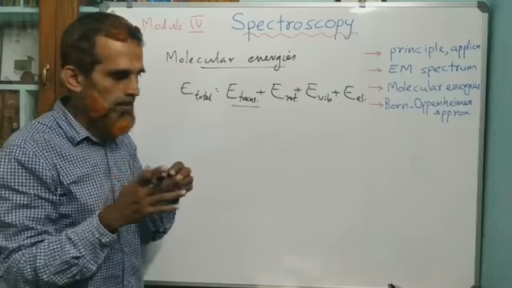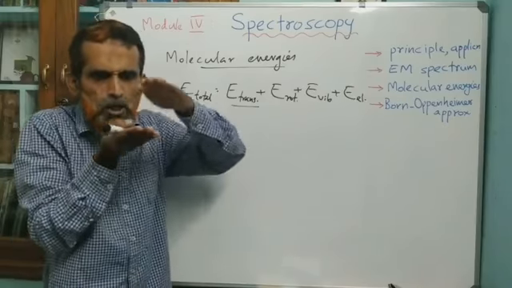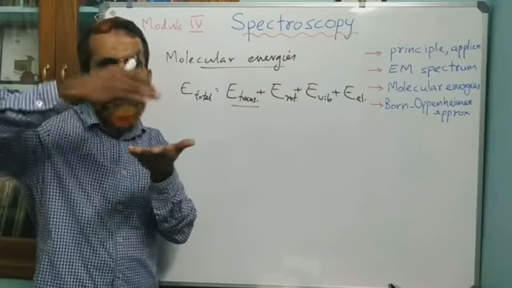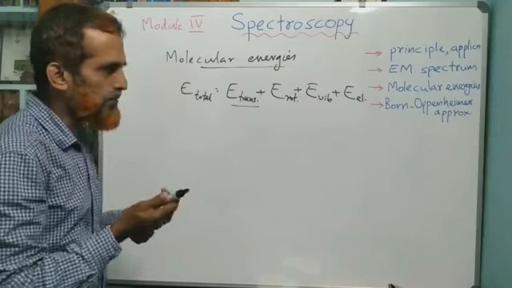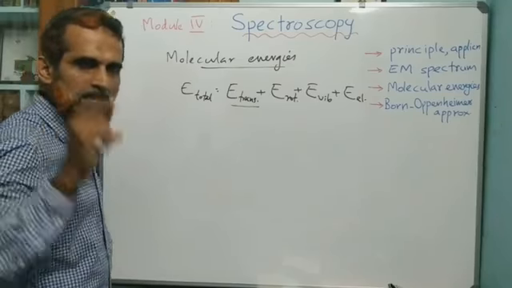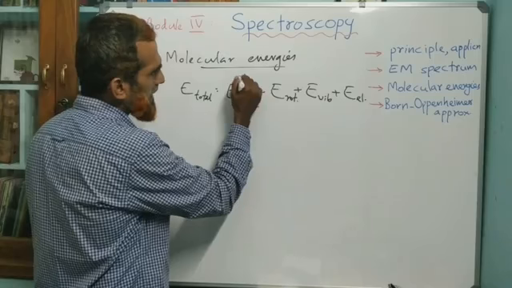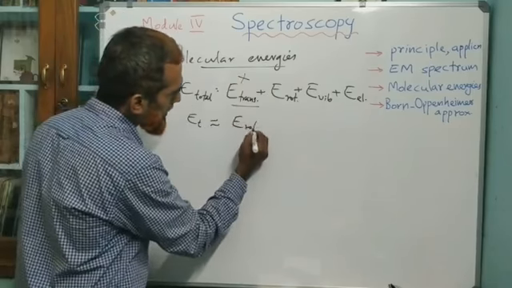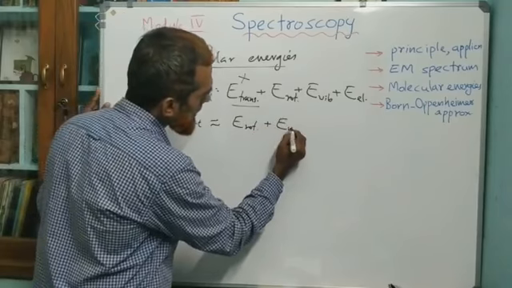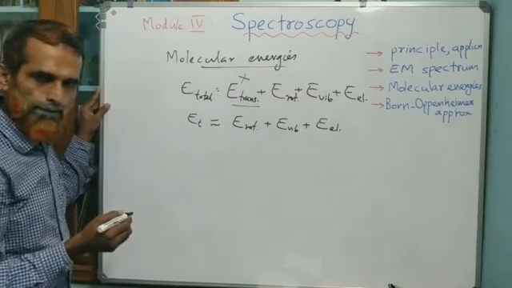In strict terms, if we check, we can see that the translation energy levels are very close and it is continuous, right? It is not quantized. The spacing is so small that it is almost continuous. We neglect translation energy for this part. It is approximately equal to energy of rotational plus energy of vibrational plus energy of electronic.